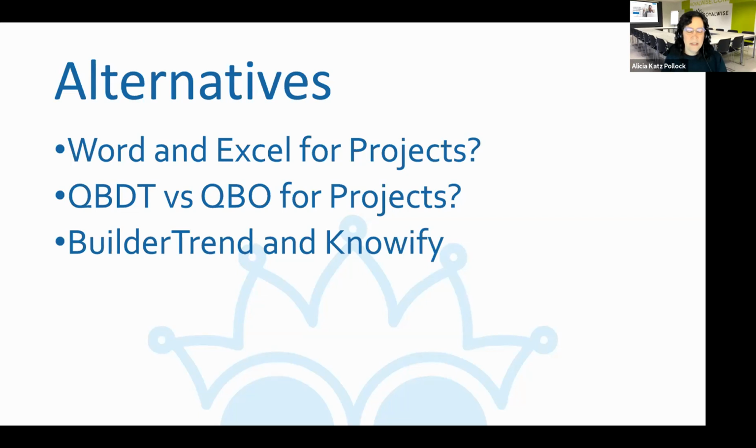QBO itself is good for smaller construction, but if you have to do a lot of splitting things out, then taking a look at Knowify and Buildertrend will give you more of a whole complete picture of everything happening on the projects, not just the financial end of it. That's kind of the big goal there.